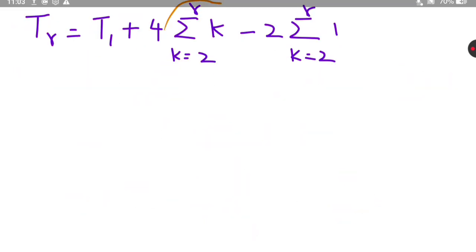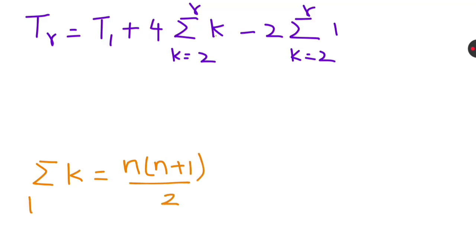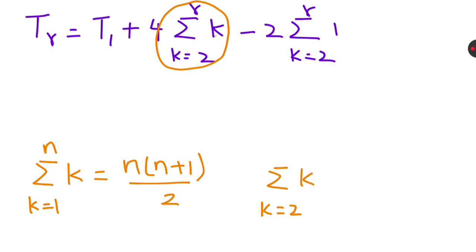Now observe here summation k. This is the summation k formula: n into n plus 1 by 2. Here the summation k starts from 1 to n, so that's why the formula is n into n plus 1 by 2. But in our general form, summation k starts from 2 and ends at r.